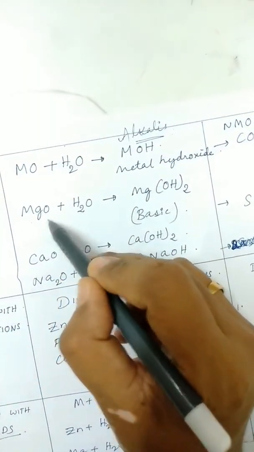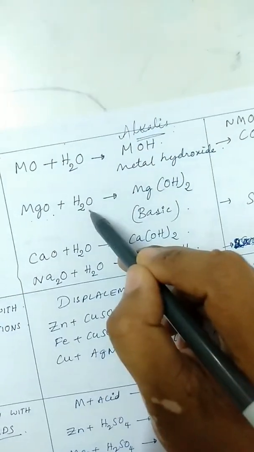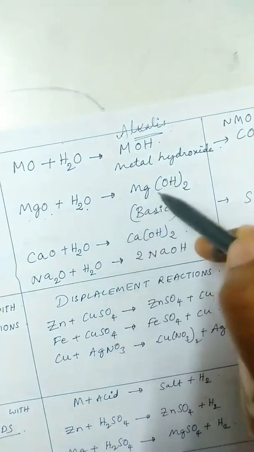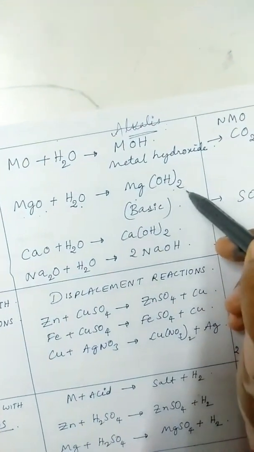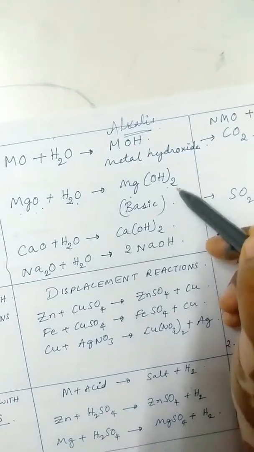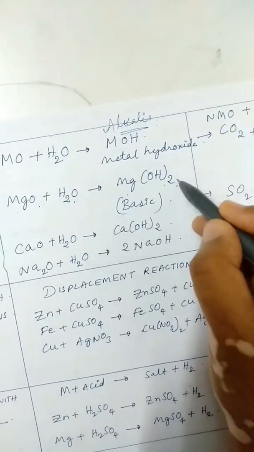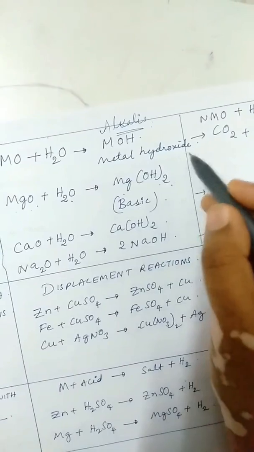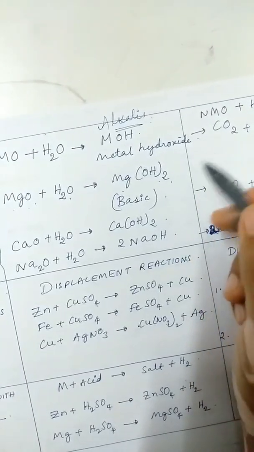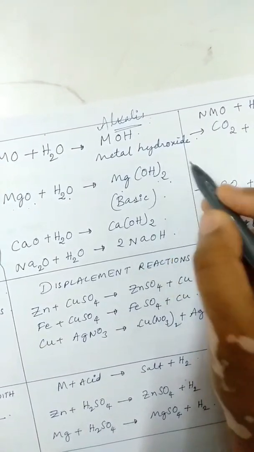An example is magnesium oxide. When it dissolves in water, it forms magnesium hydroxide. Speaking about its chemical nature, it is basic in nature. So what will happen to the red litmus solution, children?